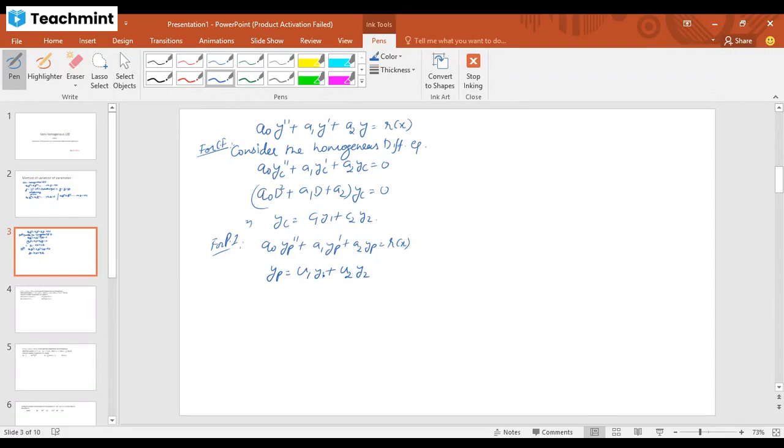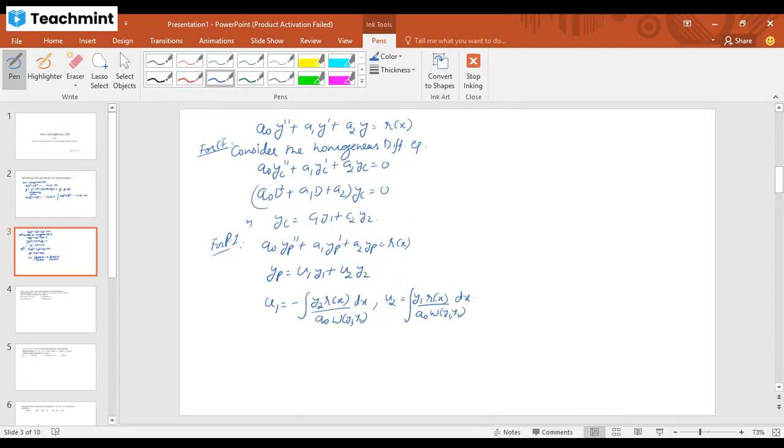And to find the values of u1 and u2, we can use the formulas. u1 can be calculated as the integral of minus y2 r(x) over a naught times the Wronskian of y1 and y2, dx, and the value of u2 can be calculated as the integral of y1 r(x) over a naught times the Wronskian of y1 and y2, dx.